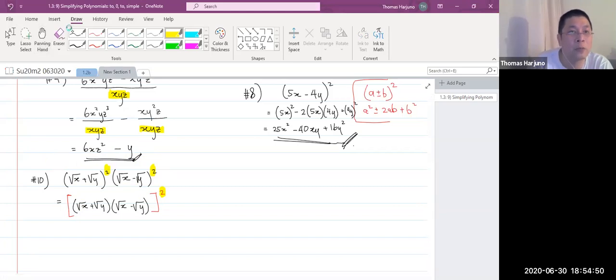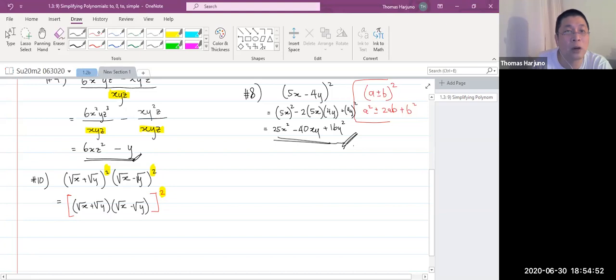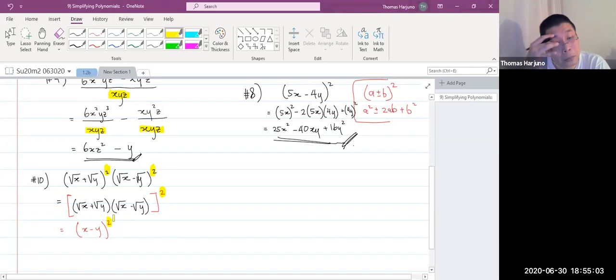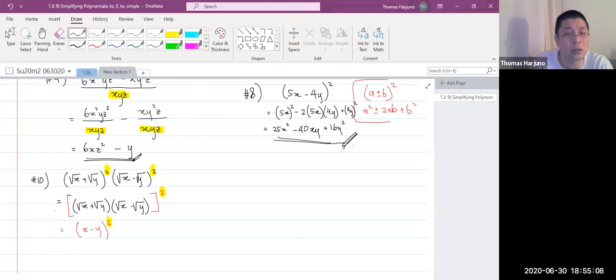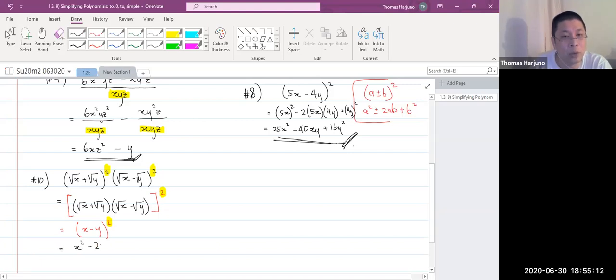Okay, now from here you see, oh, this red part here becomes x minus y squared. Now once we get here, it gets a lot easier. That will be x squared minus 2xy plus y squared.